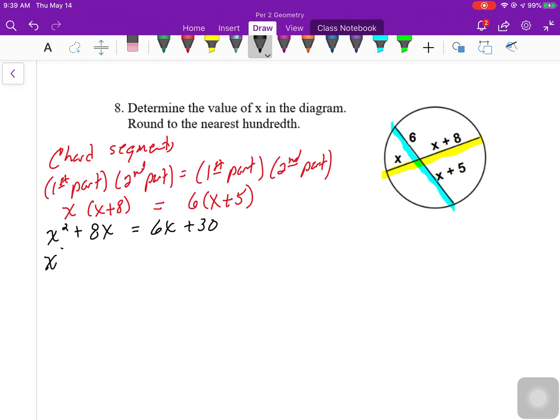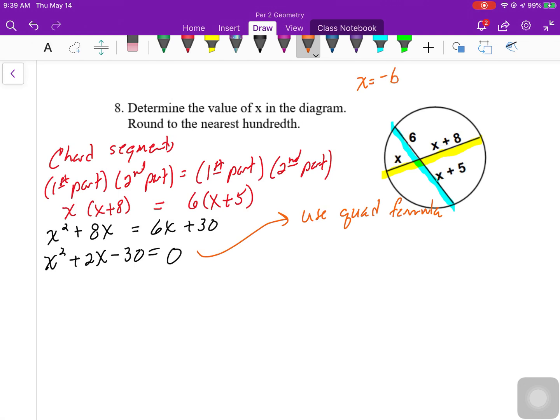This is a quadratic equation. We must get 0 on one side. We only have x squareds on the left, so let's move everything to the left side. I'll subtract the 6x, giving me x squared plus 2x, and I'll subtract the 30. This one does not factor. So for this one, once again, we're going to use the quadratic formula.